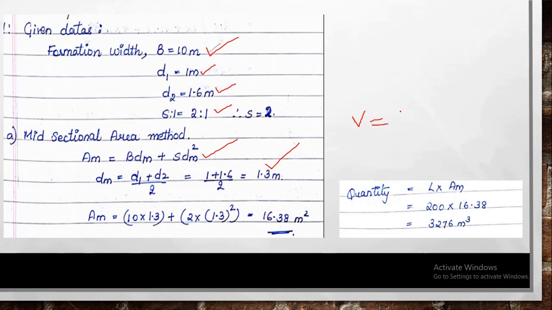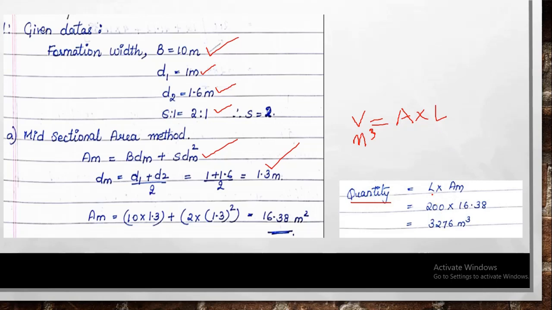Volume is equal to area into length, and will be mentioned in the unit of meter cube. So quantity is equal to L into AM.